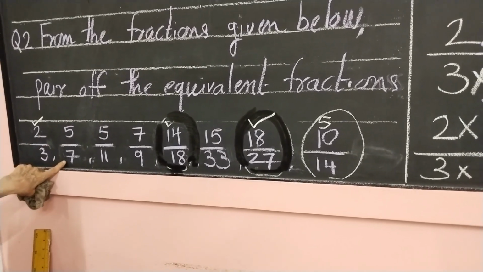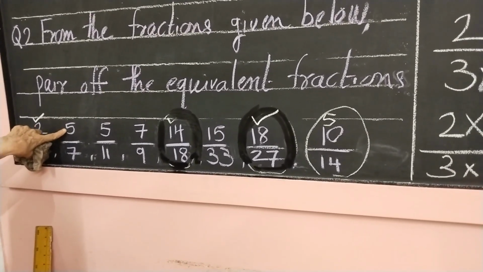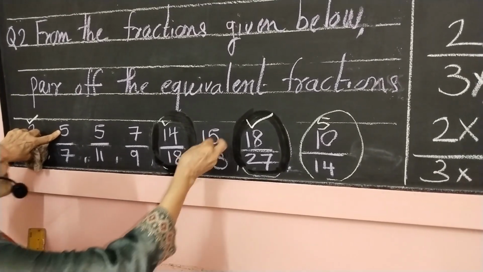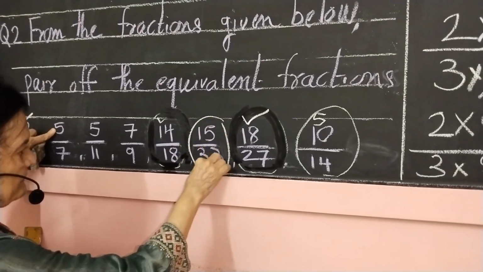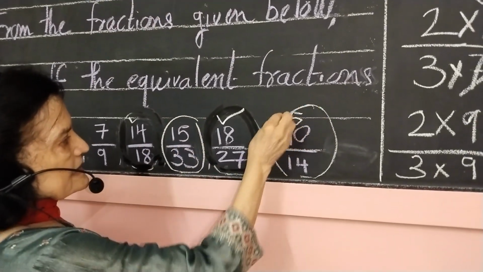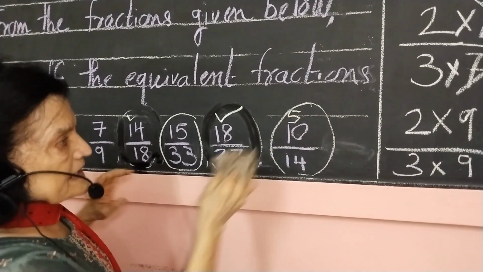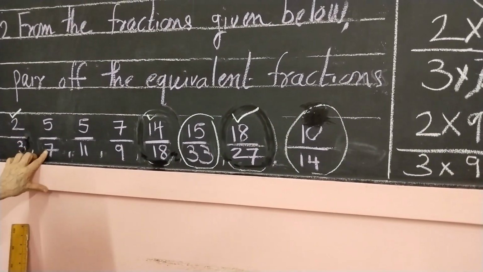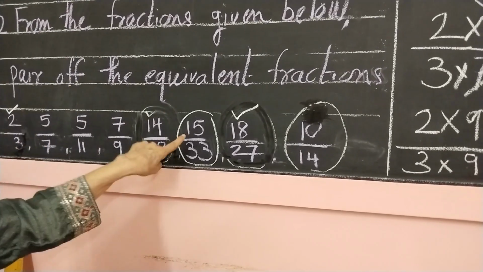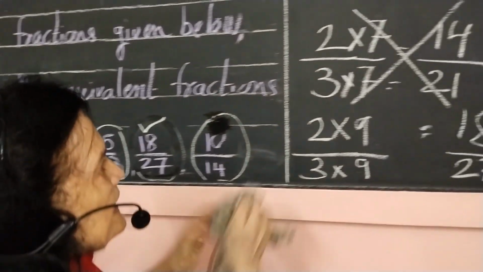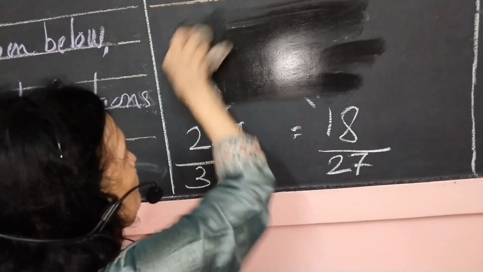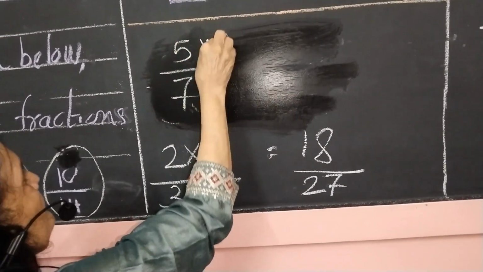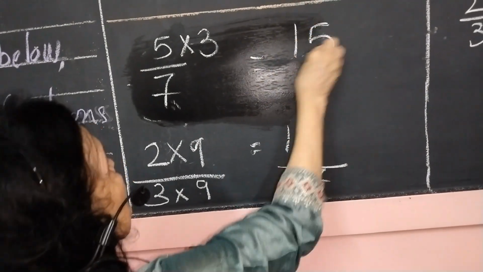5 upon 7. So say the table of 5 and check which numbers are coming in the table of 5 in the numerator. So this could be the answer or this could be the answer, because in 5's table 10 is coming. So out of these two, if we take 5 upon 7, for arriving at 15 we will have to multiply by 3.